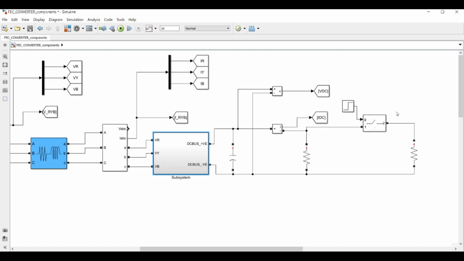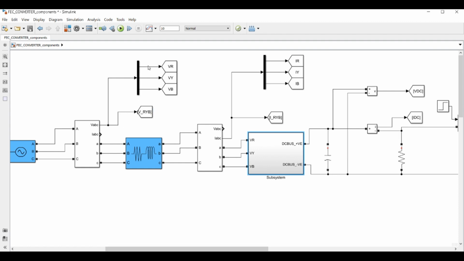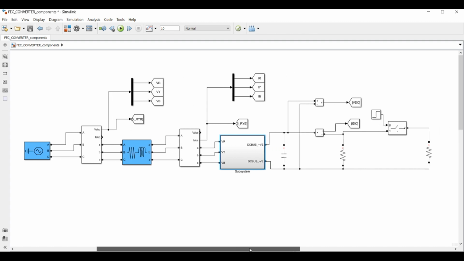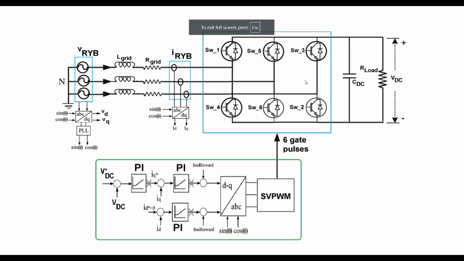This part is optional, and this one will measure the grid side voltage, and this part will measure the grid side current. We have made the power circuit block.